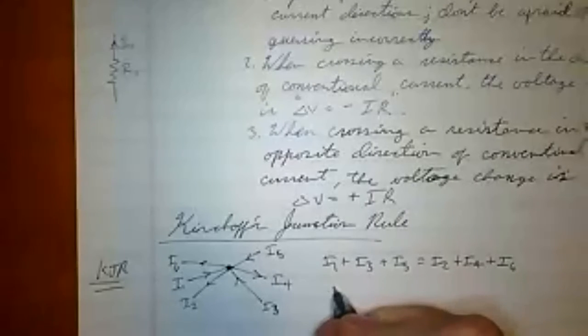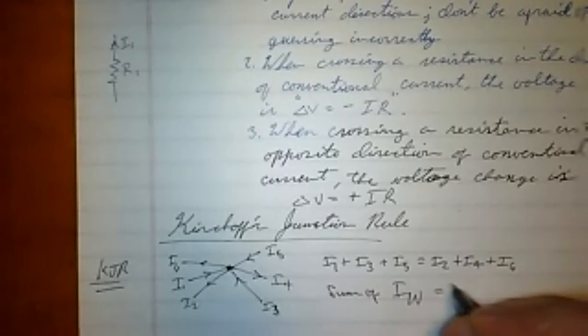So the sum of I in is equal to the sum of I out. That's Kirchhoff's junction rule. And those two rules will allow us to set up any kind of circuit and solve it.